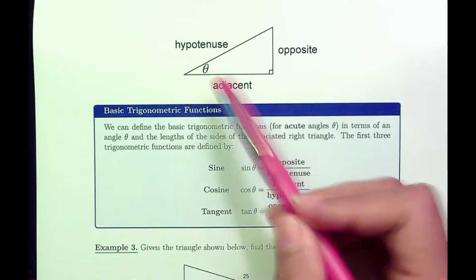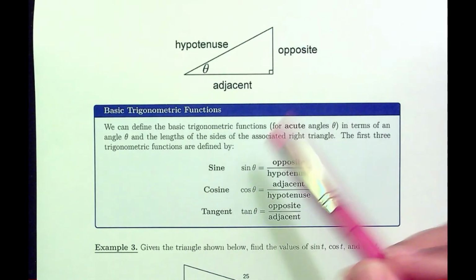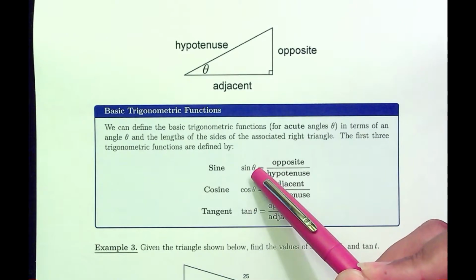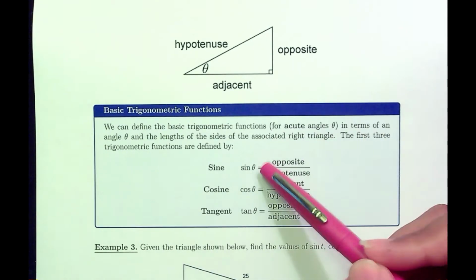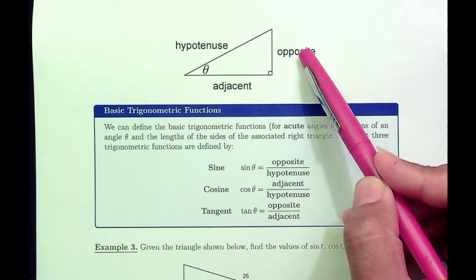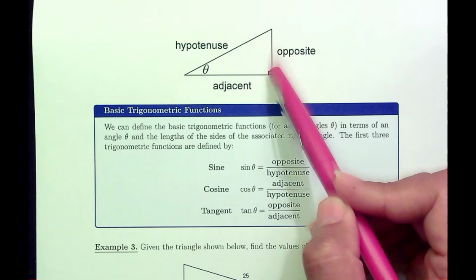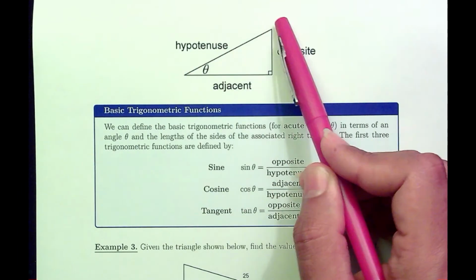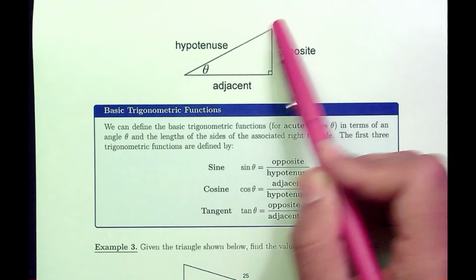The sine of the angle, written sin, whose angle is theta, is by definition the opposite, so whatever the length of this is, divided by the length of the hypotenuse. So opposite divided by hypotenuse.